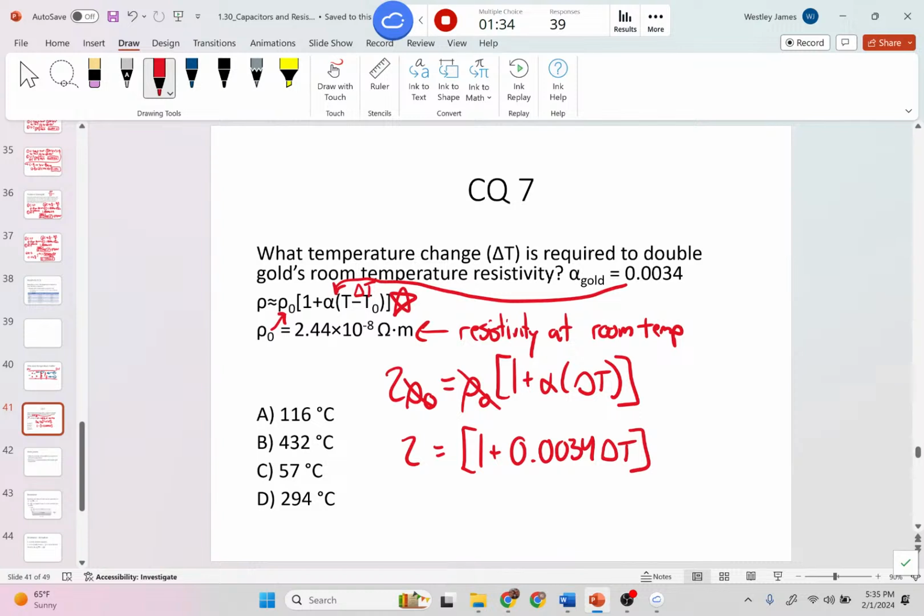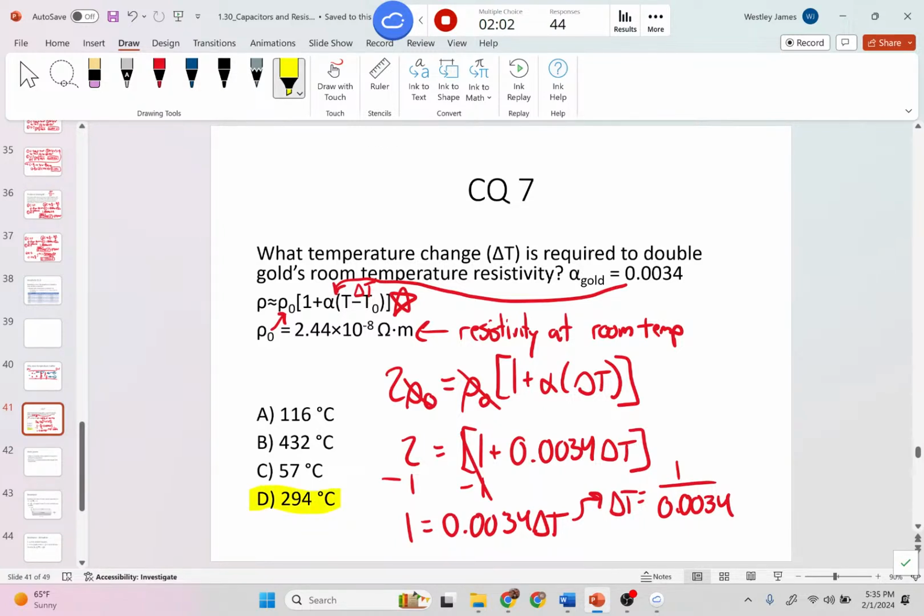And now it's just a math problem. Subtract the 1 over. So I get 1 equals 0.0034 delta T. And then all I need to do is divide 1 by that. And I should spit out the right answer, fingers crossed. Yep, good job, man.